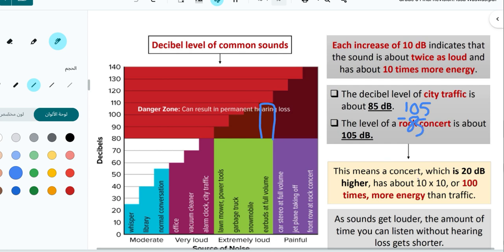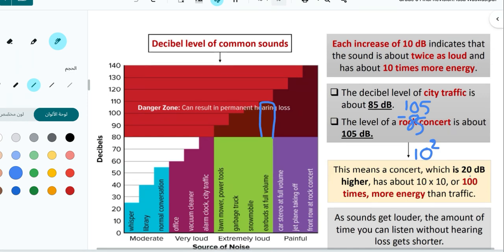This means a concert which is 20 decibels higher has about 10 times 10, or 100 times more energy than traffic. So what does that mean? 10 squared. We just take that, so 10 times 10, so we can use that as 10 squared, which is 100 times more energy than traffic.